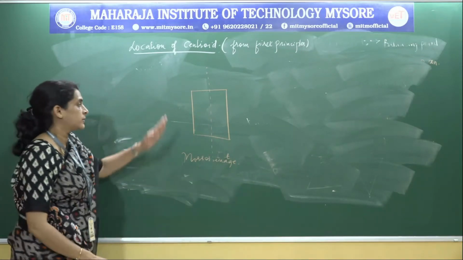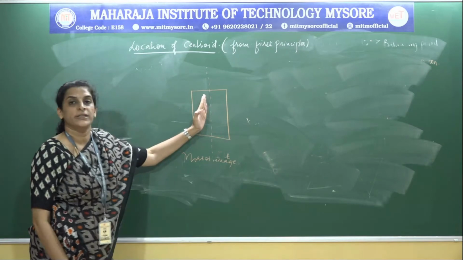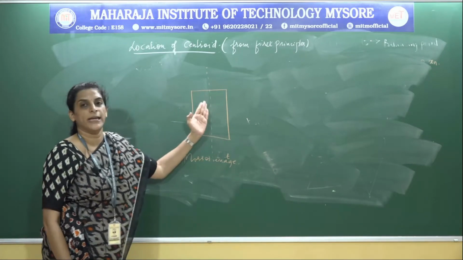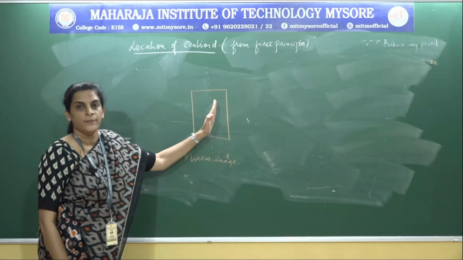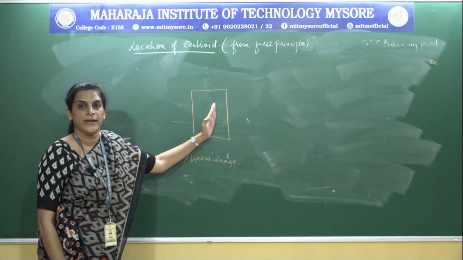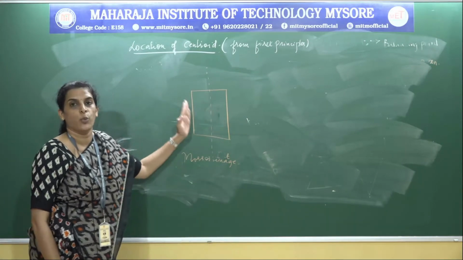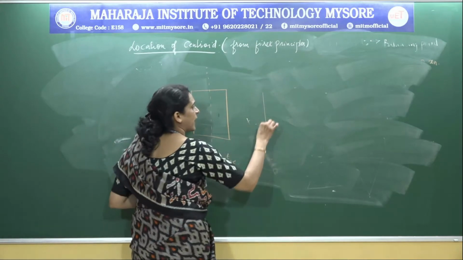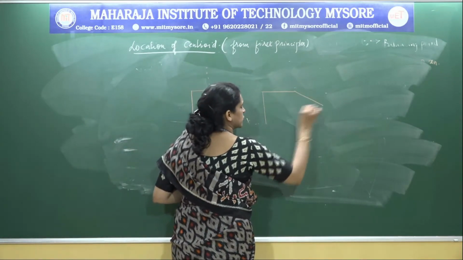So that axis which divides the total area into two equal parts, or the axis of symmetry, is the one which gives the mirror image of one another. What if I have the diagram as such?